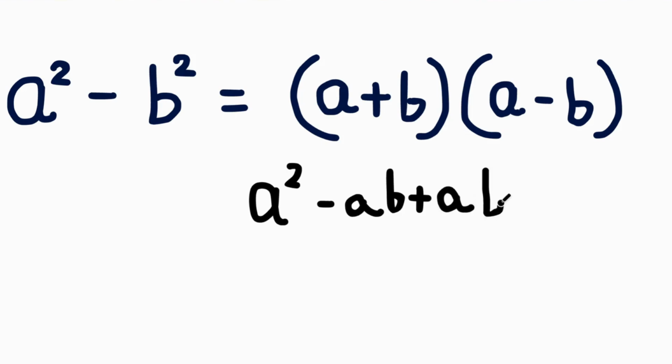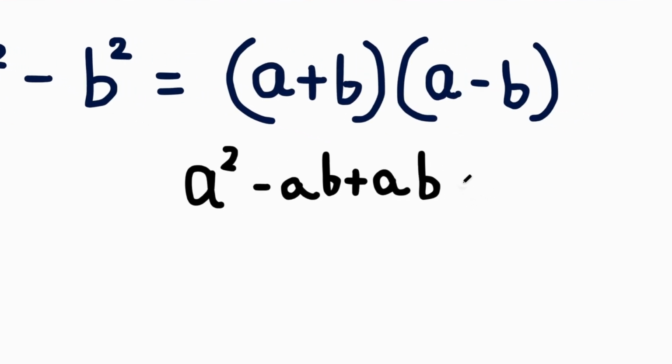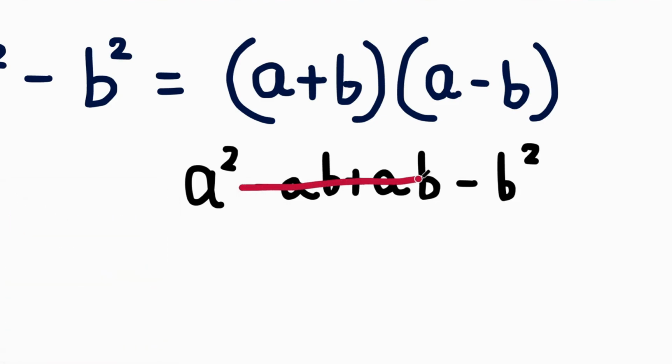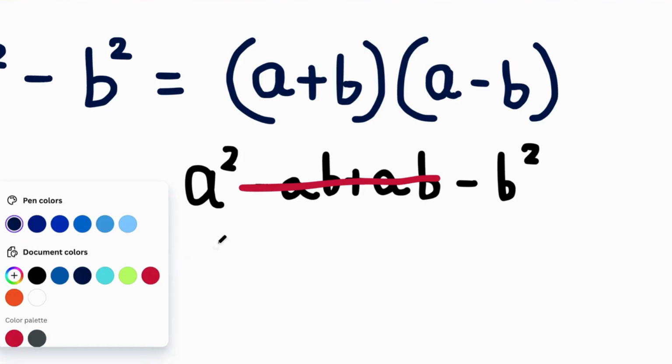As you can see, you're always going to end up with the minus ab plus ab, which just cancel out. And you can identify that or just do the process and then big red line through. And so you're going to end up with a squared minus b squared, as we already knew.